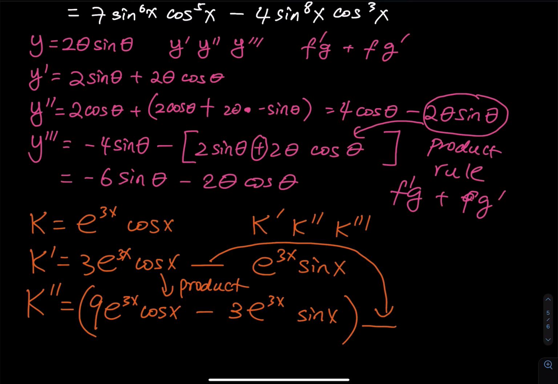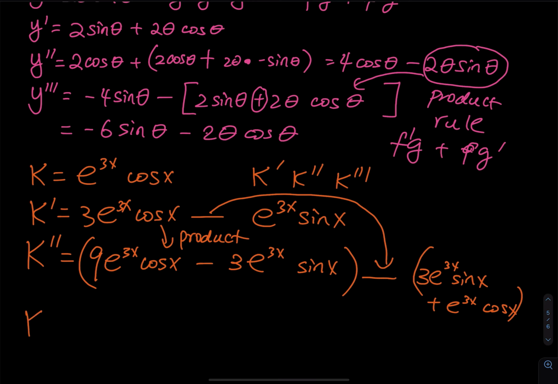So that product rule, you have 3e to the 3x sine of x, and then plus e to the 3x cosine x, and then this is in one parenthesis. We do need to clean this up. So second derivative. Anything to simplify? You have a 9 minus 1, right?